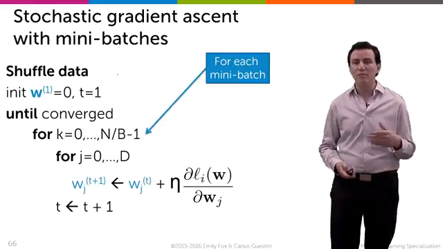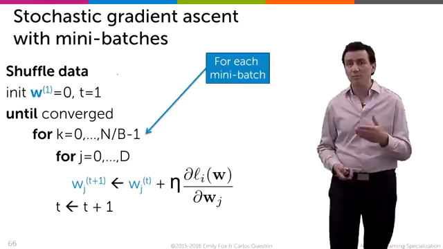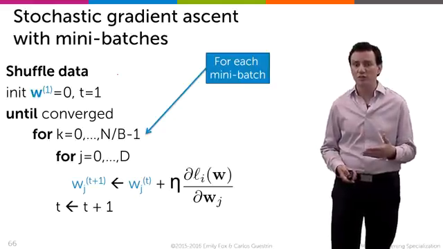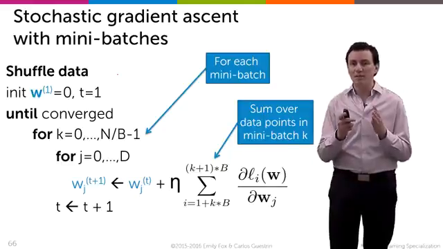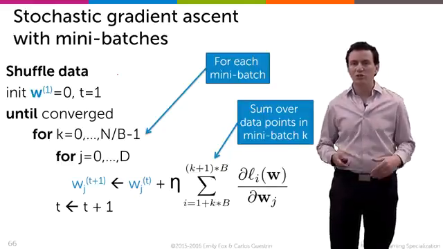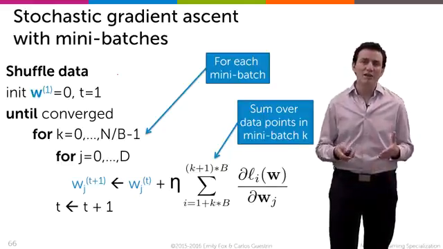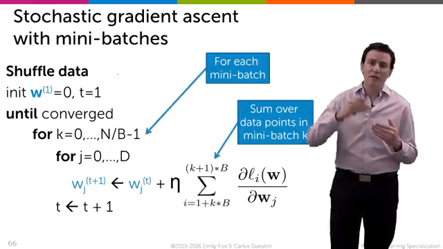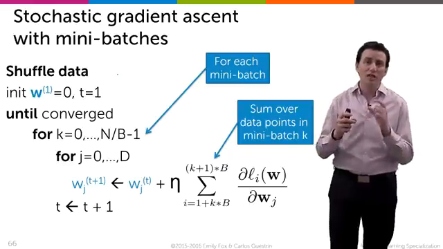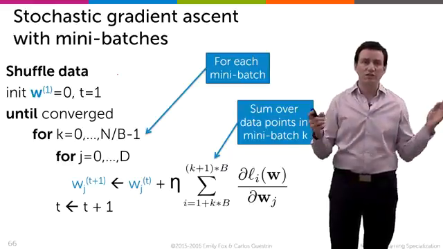And now we go batch by batch, but instead of considering one data point at a time in the computation of the gradient, we now consider the b data points in that mini batch. And the equation here just shows you the math behind basically the obvious thing of taking 100 data points and using that to estimate the gradient instead of 1 or instead of 1 billion.